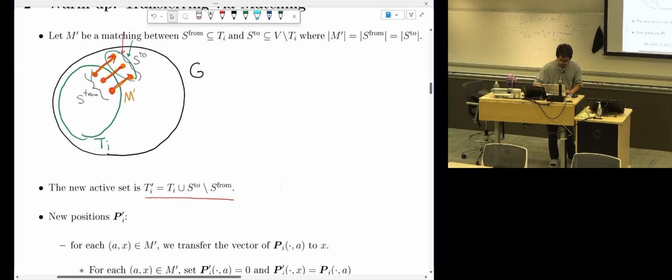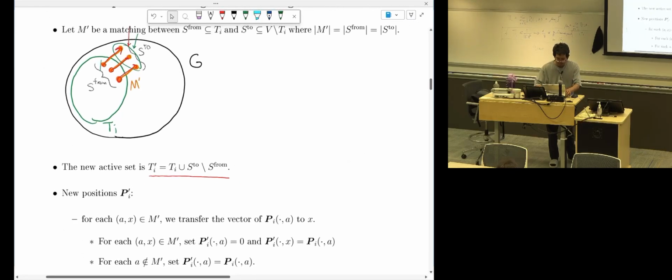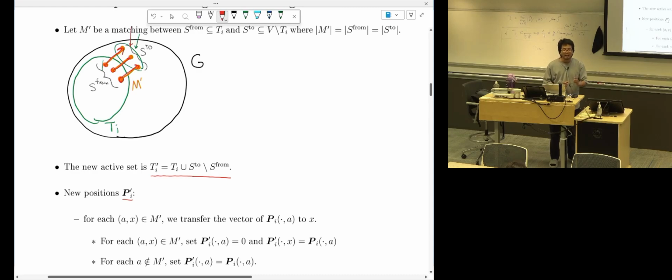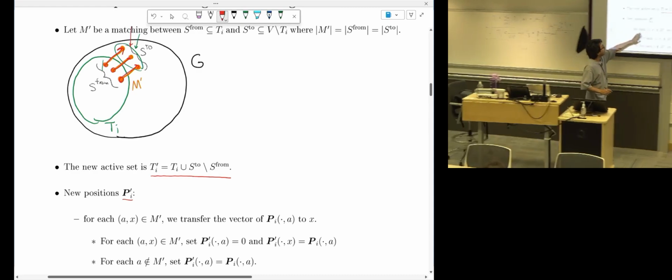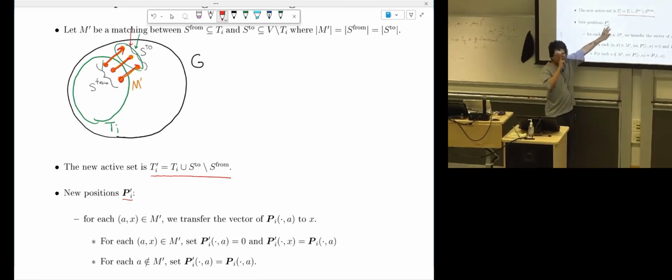Okay. So the new position, the new matrix Pi, is now Pi prime. It is as follows.